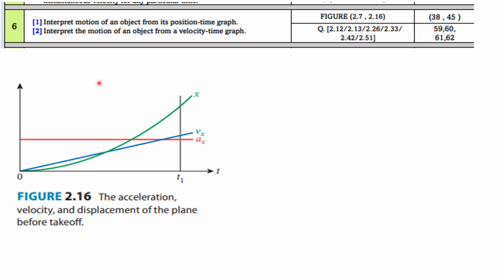Moving to this slide, interpret the motion of an object from its position time graph, and from its velocity time graph. So here, in the red line, we have the acceleration, which is constant. As we see, it's a straight horizontal line. Then we have the velocity, which is in the blue, and then the x, which is the green curve.